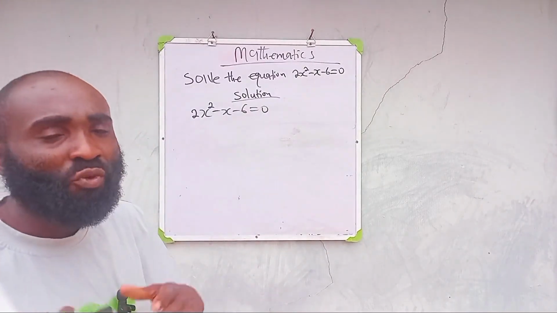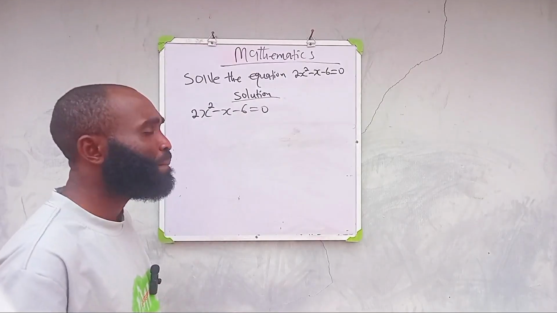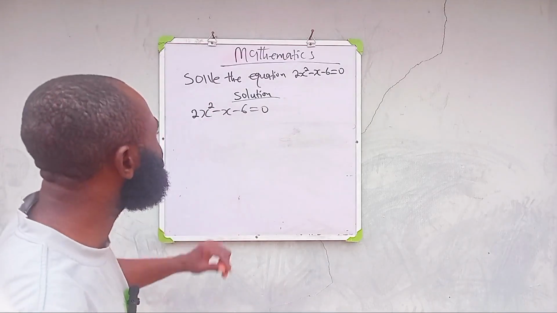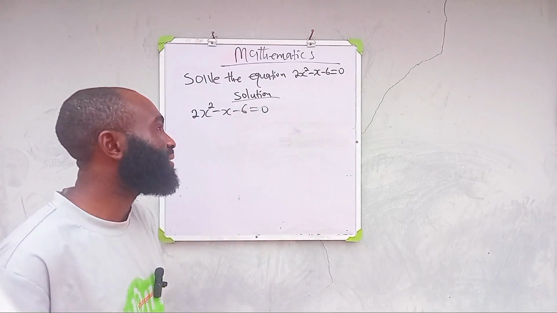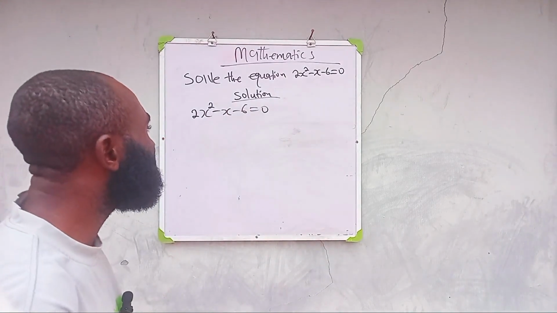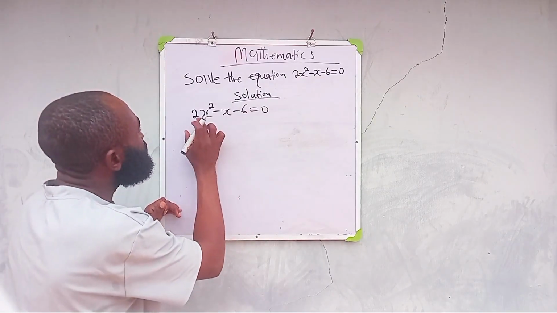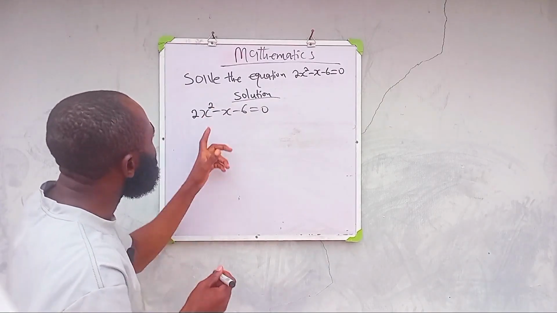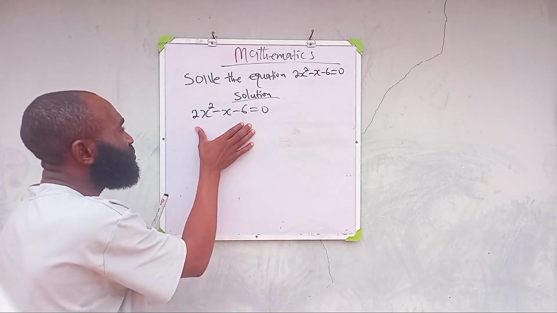In the normal way of solving a quadratic using factorization, you think of two numbers that, when you add, give the middle term, and when you multiply, give the last term. So in this equation we have 2x² minus x minus 6, but you cannot solve it straight.